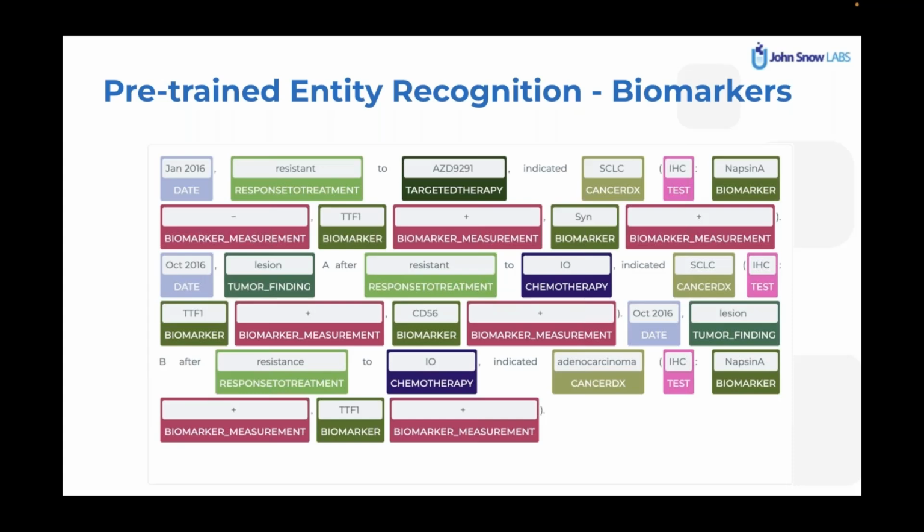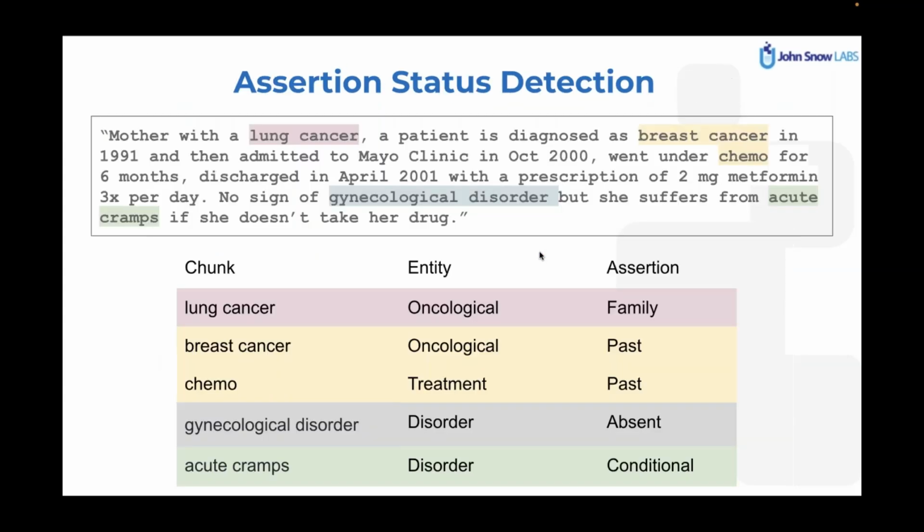Also, we have biomarker NER models, which can extract the biomarker entities, biomarker measurements, and biomarker results also. Okay. We have another use case in this session especially for the biomarker. Assertion status models are really crucial for these kinds of use cases because, as you can see here, there is no sign of gynecological disorder, but the NER model extracts gynecological disorder.